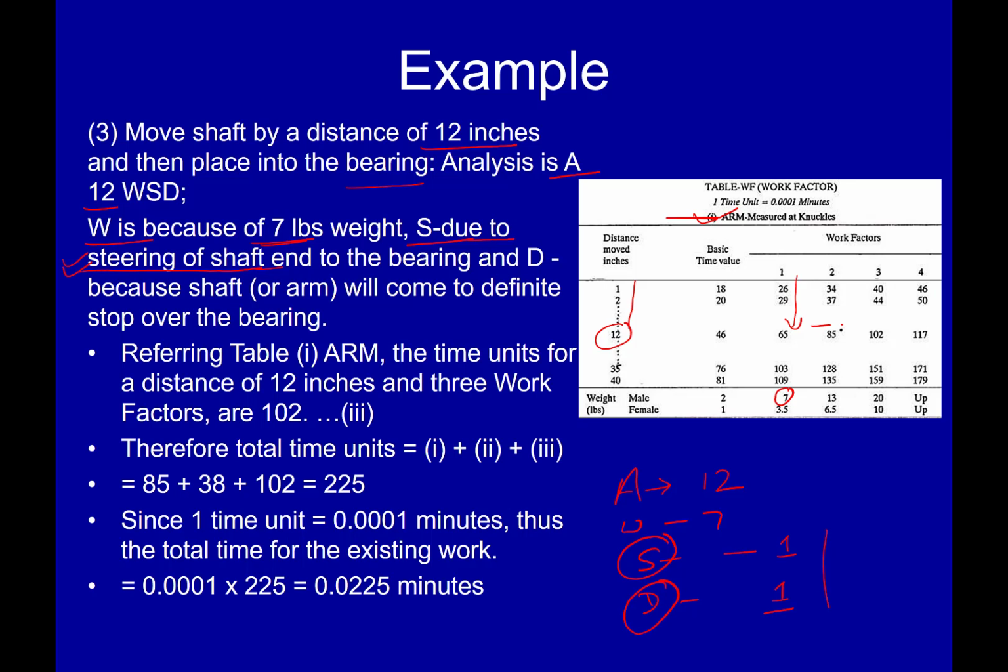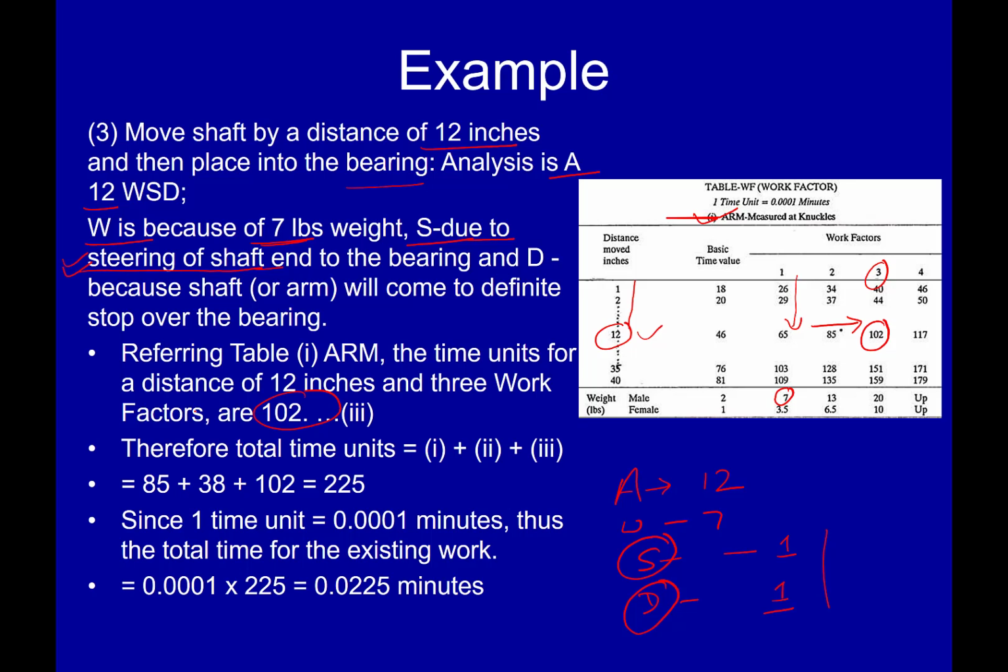The time for movement of the arm by 12-inch distance with the third work factor is 102. Referring to this table, the time units for a distance of 12 inches and 3 work factors is 102.